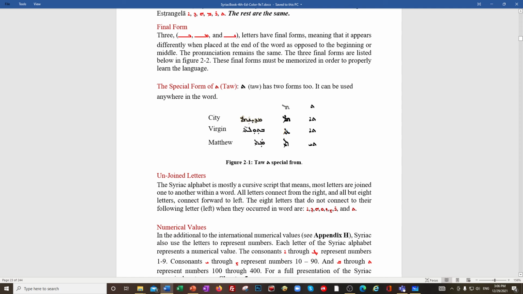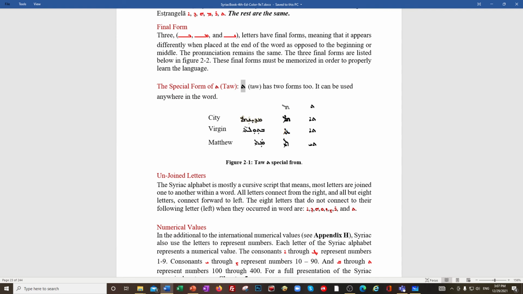In addition to those 3, we have another letter, Tau, and this Tau has a special form and can be used anywhere in a word. You can even mix those in one word if you want.